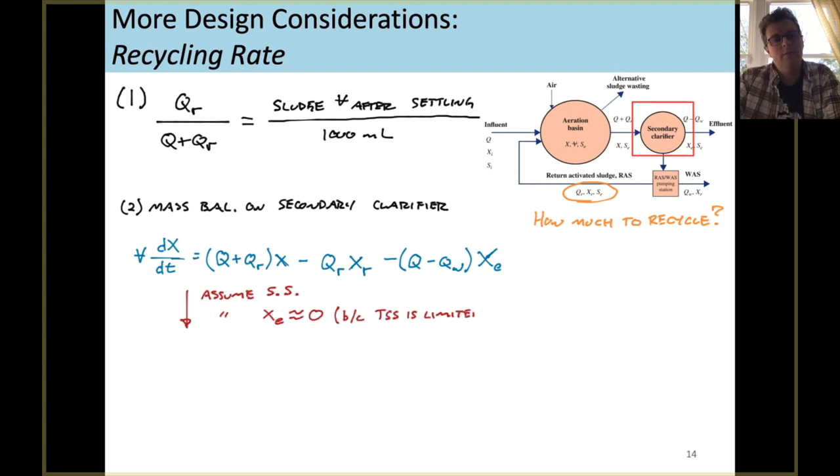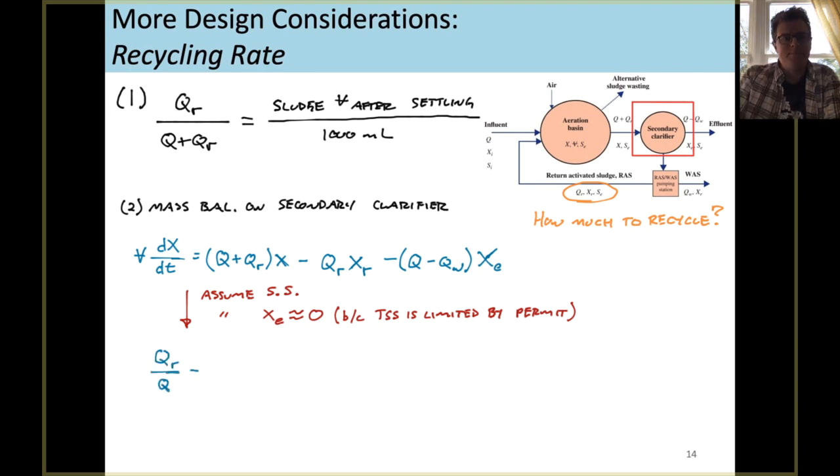Now, if we assume that this is at steady state and that biomass in our effluent is functionally zero, and that's likely to be the case because we're highly limited in our total suspended solids, so we wouldn't want to be bypassing that secondary clarifier with much of our particulate material like biomass.